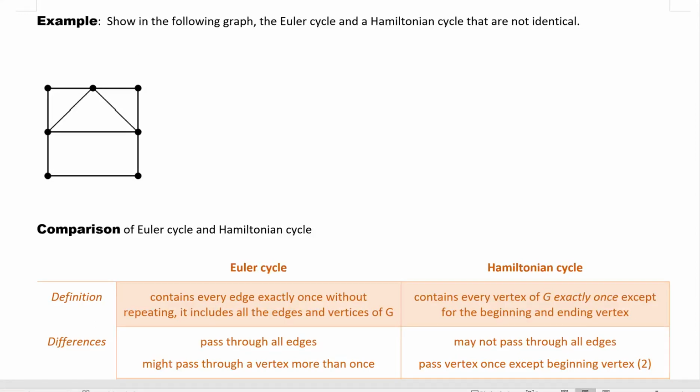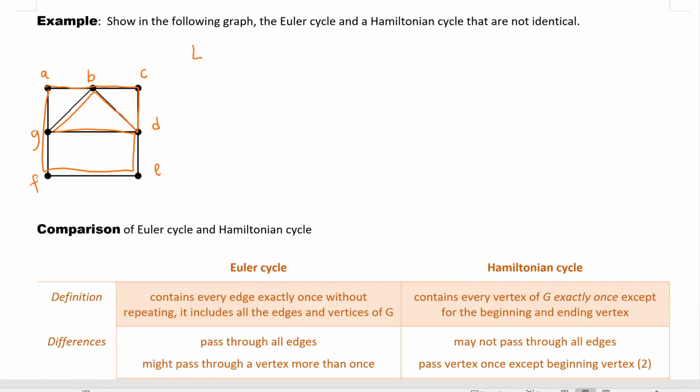So let me label them A, B, C, D, E, F, G. Okay, let's just look at the graph and see. Okay, we want to A, B, C. Oh, we can walk this way. See? This way, we can walk through the graph.